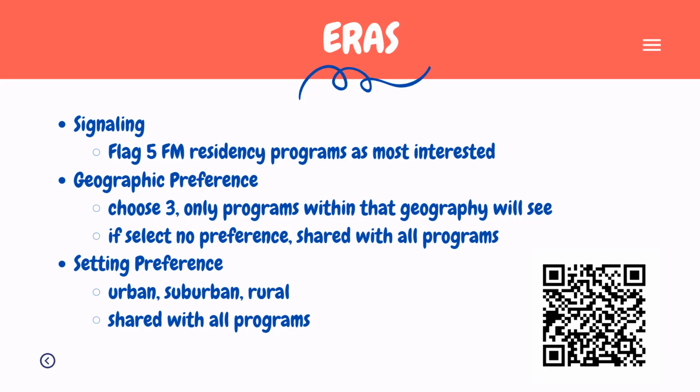But it should not be impacting who you offer an interview to. However, different specialties have different numbers of residency programs that you can signal. For family medicine specifically, you can signal 5 residency programs, and this is indicating the residency programs that you are most interested in. So this also means that you need to do your research.